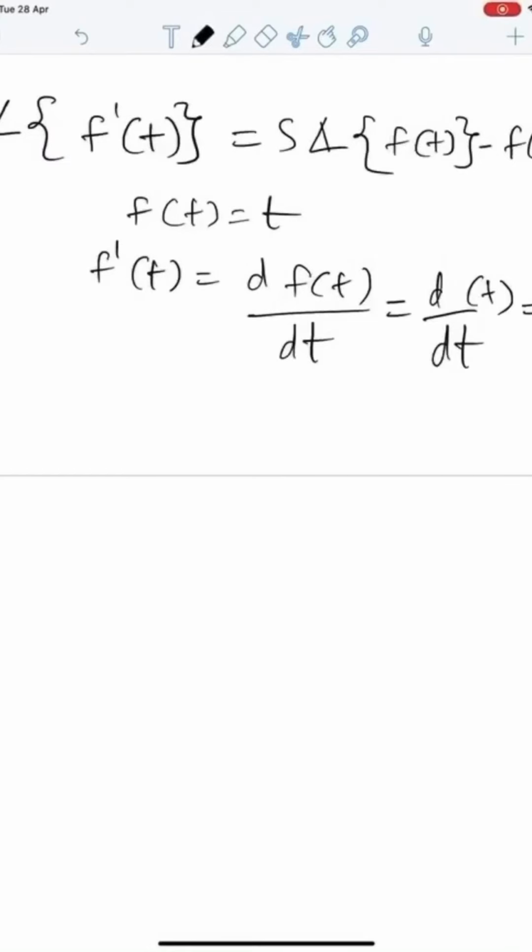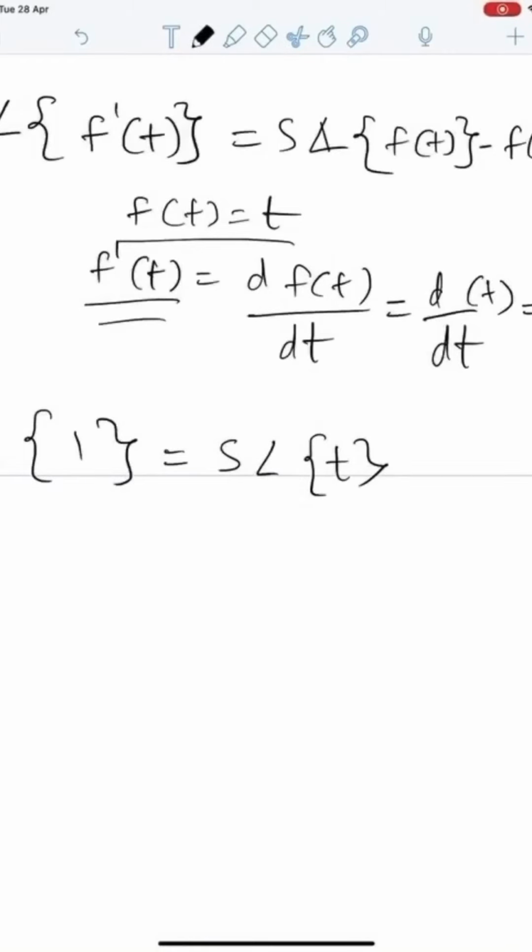So the Laplace transform of our f prime of t, which would be 1, is equal to s times the Laplace transform of our function, which is nothing but t, we assumed it to be t, minus the value of the function at 0. So the value of the function evaluated at 0 would be 0. So minus 0.